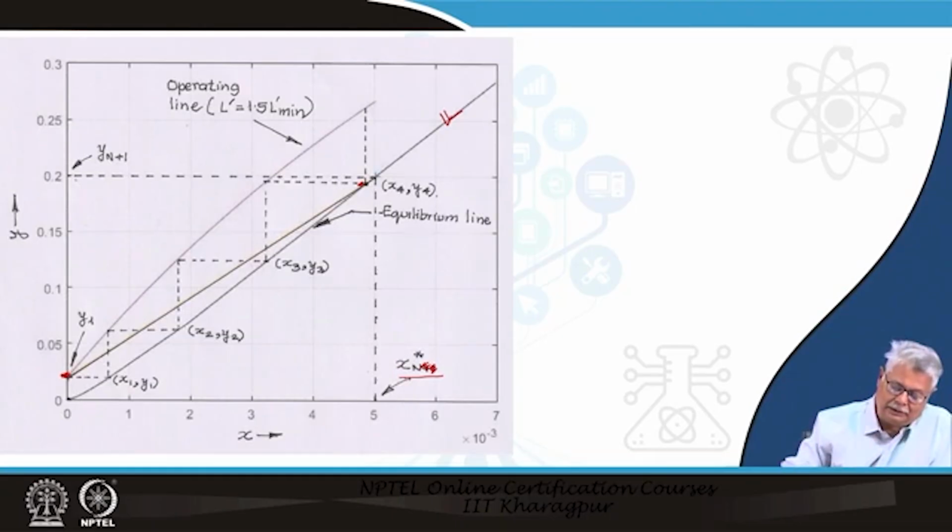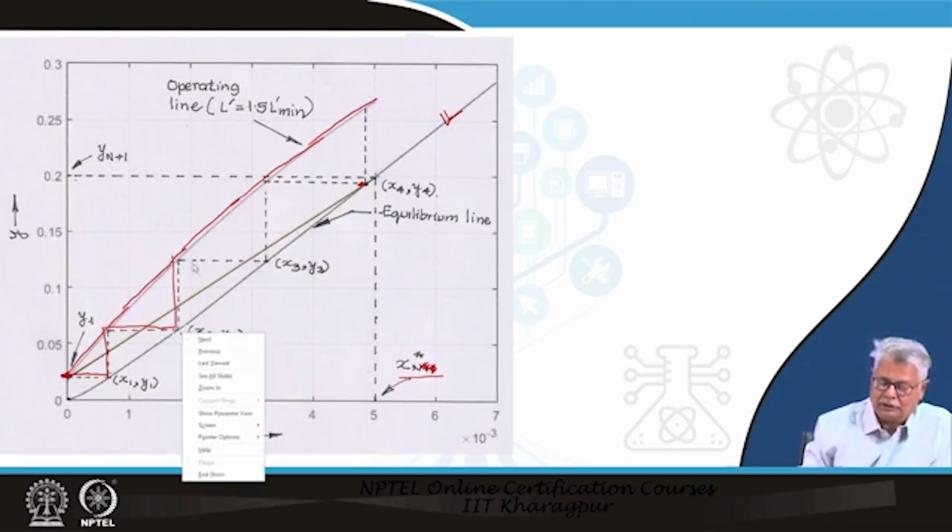The operating line, exactly the way I have said, is drawn here. We make the first step by touching the equilibrium line, going up, coming to the horizontal again, touching it, going up, and these points correspond to the compositions x1 y1 and x2 y2, and I keep on repeating this.